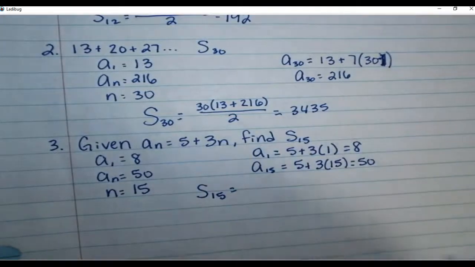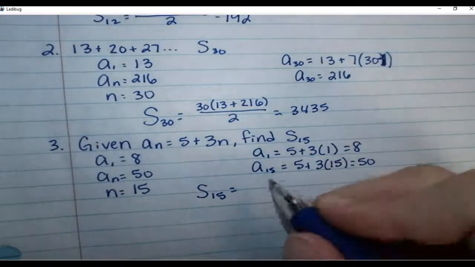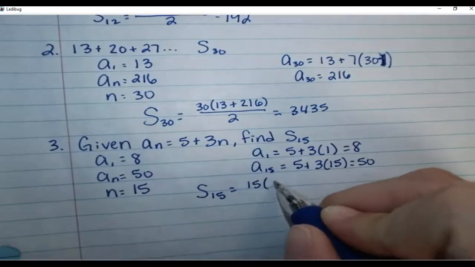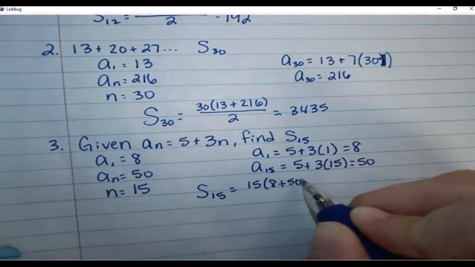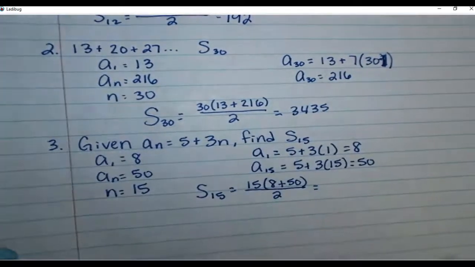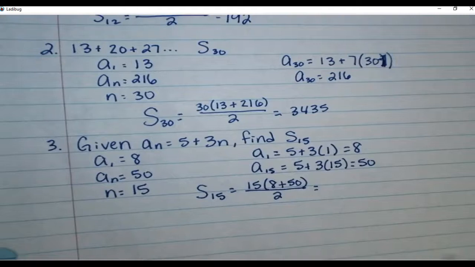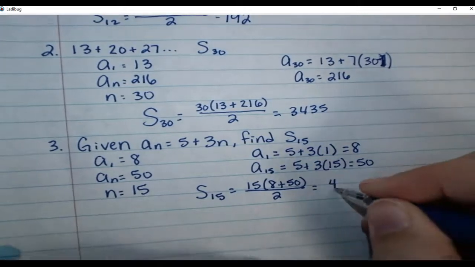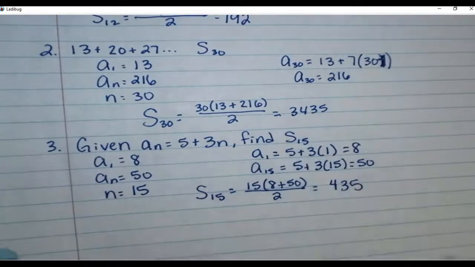So we want the sum of the first 15 terms, so we do 15, 8 plus 50 over 2. And what do we get? Get 430. Questions?